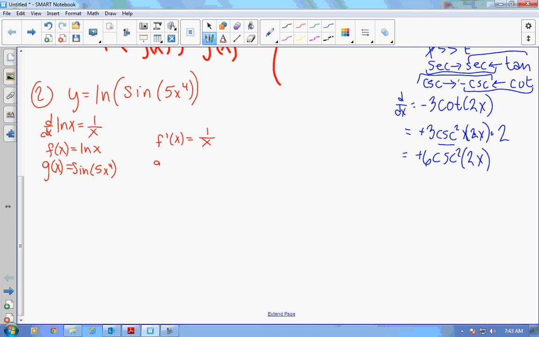And so g prime of x, we have another little chain. So I picked 2 different letters, u and v. Hey Jake, what's the outside? Sine x. The inside, Jake? 5x to the 4th.